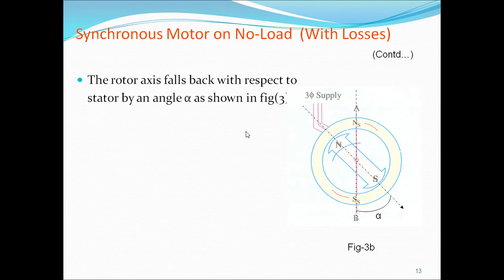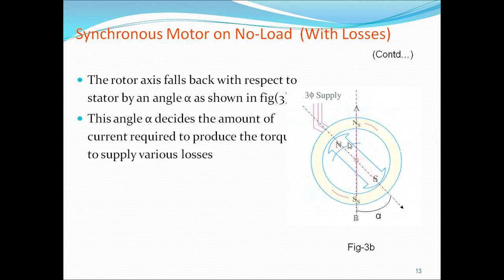When it has losses, you can see clearly here that A and B show the stator axis, whereas the rotor axis is making an angle of alpha. This angle is called the load angle.